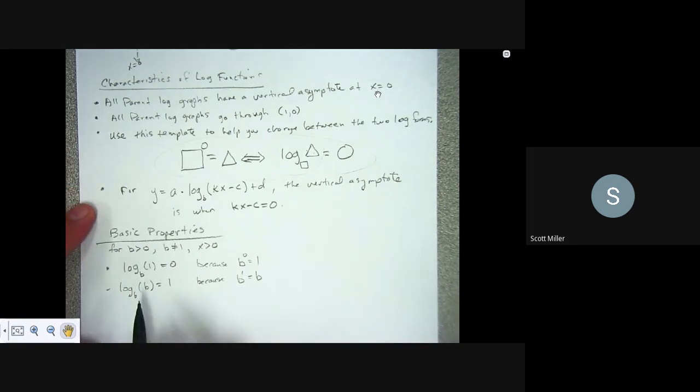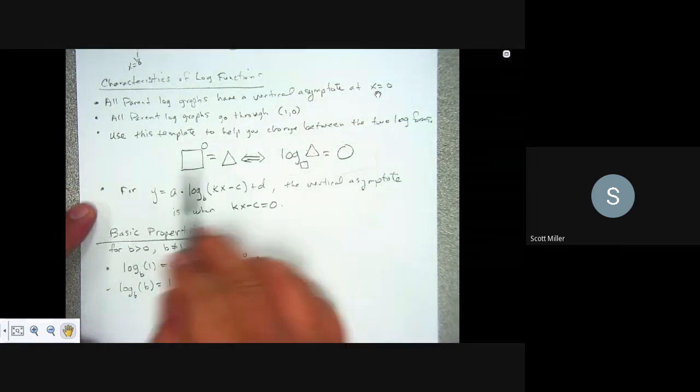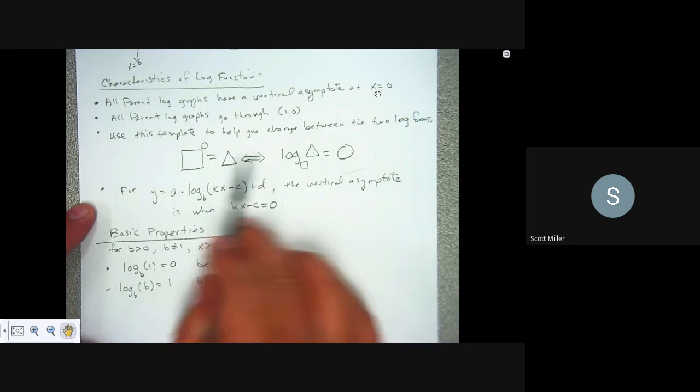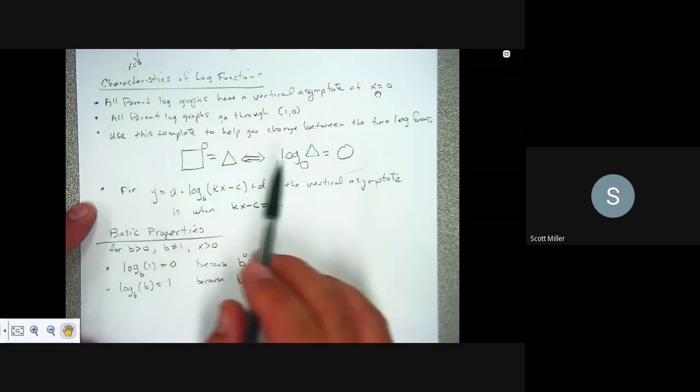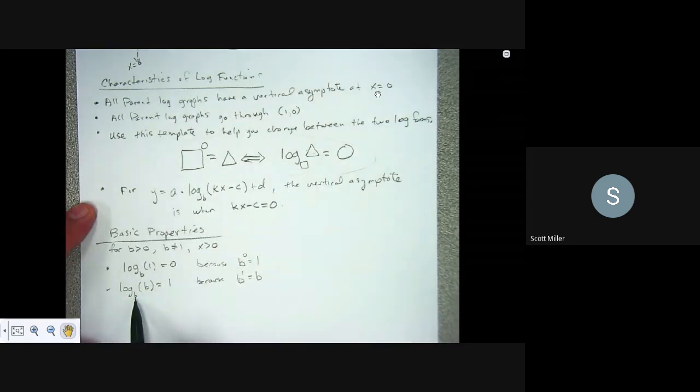So if you want to see the quick way of doing it, if you look at this right here, that's the base, that's the exponent, that's the answer. Base, exponent, answer. B to the 1 is b, that's why. B to the 0 is 1.